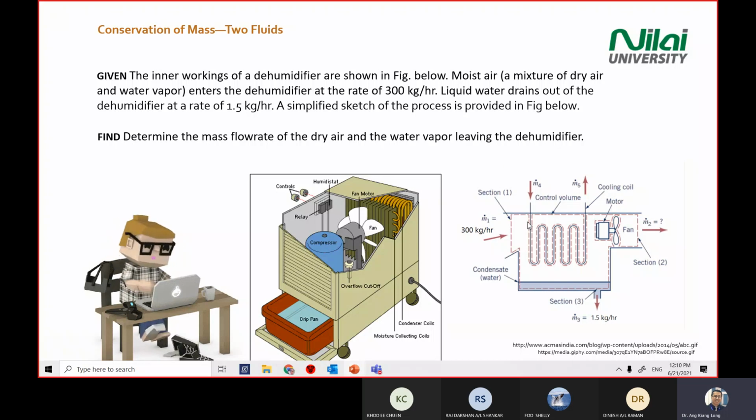If you look at the machine's 2D diagram, the air comes in from the left, goes through some coils, and a fan pushes the air to the right. So you have an in and out.